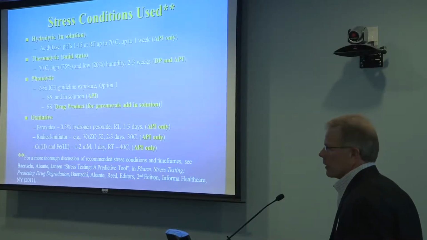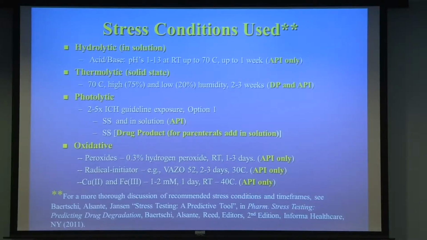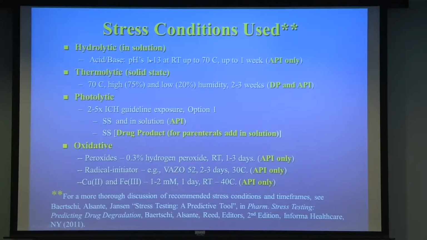And here are the stress conditions that, over the years, represent the way we settled in on and conducted stress testing when I was at Lilly. For hydrolytic acid and base, we would look at a minimum of pH 1, 7, and 13.